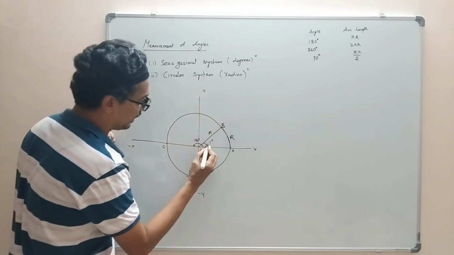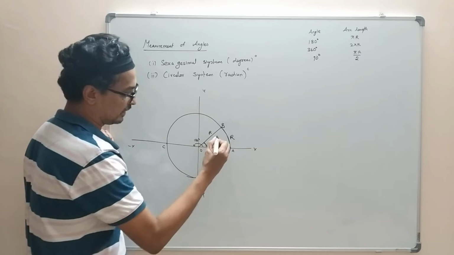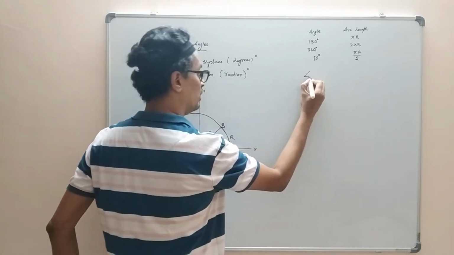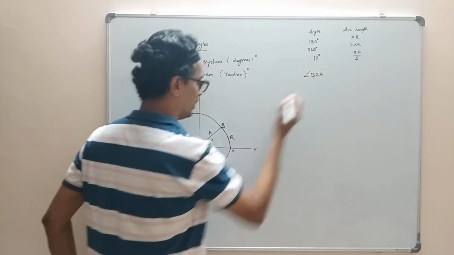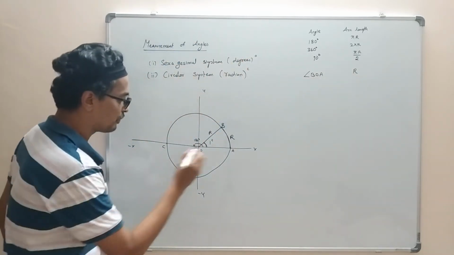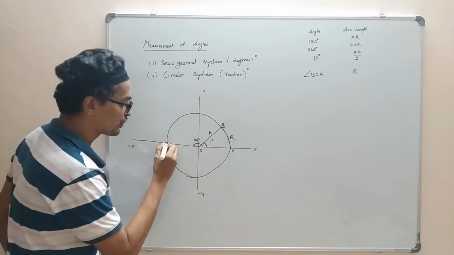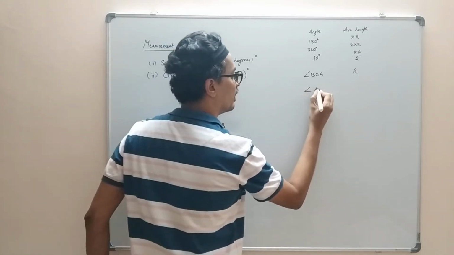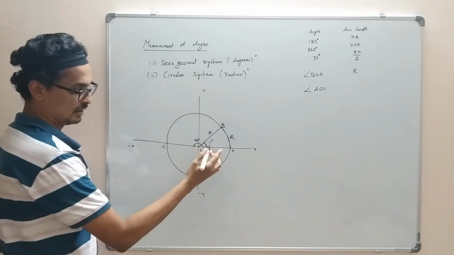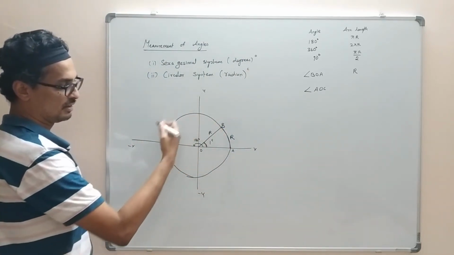Suppose we take the angle BOA. For angle BOA, the length is R. And for the angle AOC, the length is pi r.